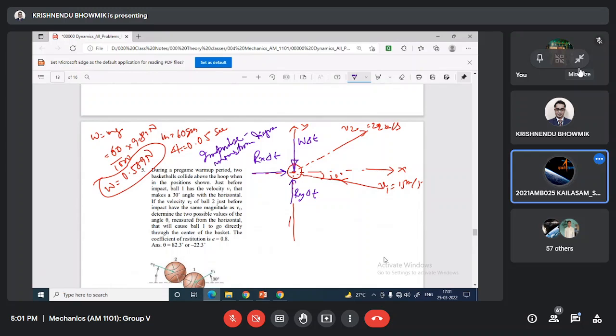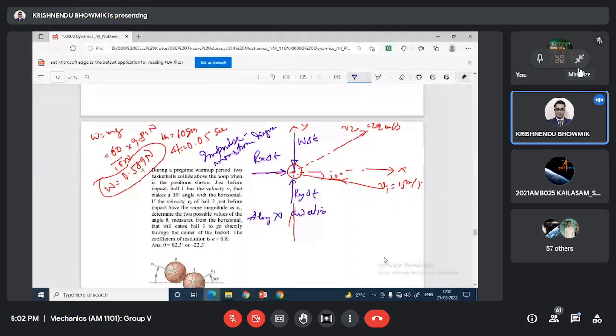Now let's consider along x directions: m vx1 plus the integral from t1 to t2 of summation Fx dt equal to m vx2.